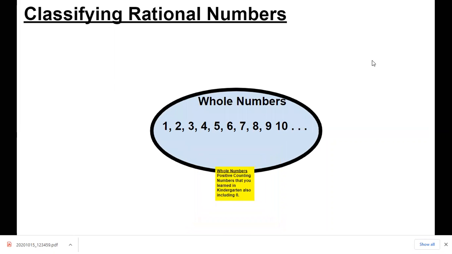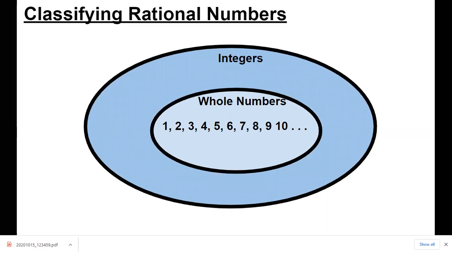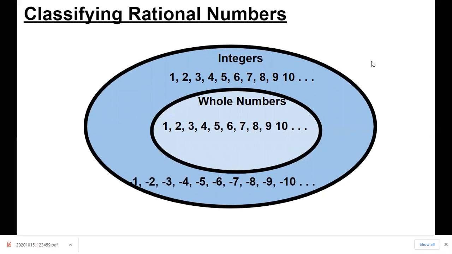All right, what about the next set? We have integers. What are integers? Well, they include 1, 2, 3, 4, 5, all the numbers that are whole numbers, but they also include all the negative numbers that are whole numbers on the number line. -1, -2, -3, -4, -5, and they include all of those. -6, -7, -8, etc., all the way into forever, right?